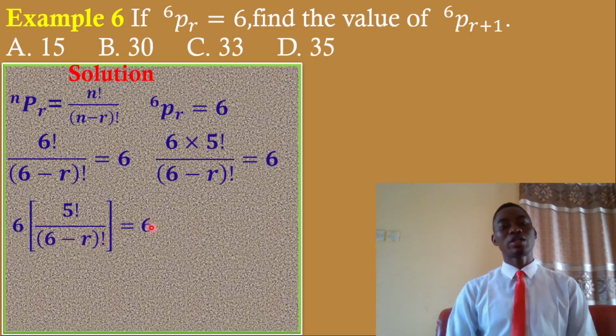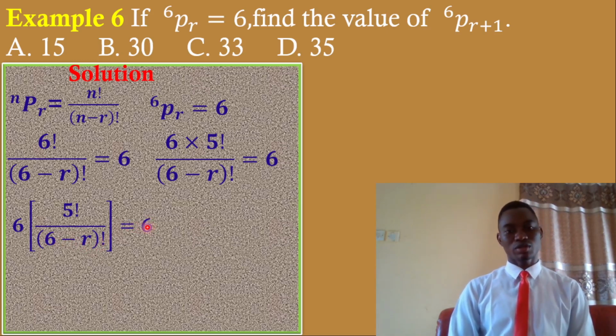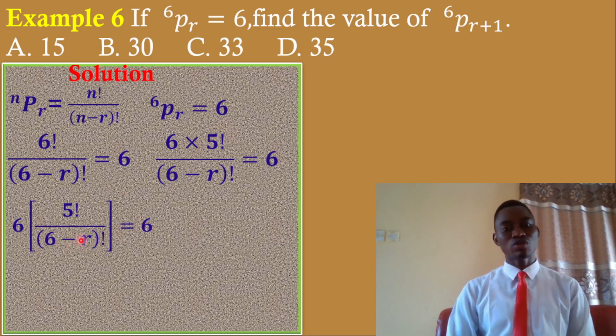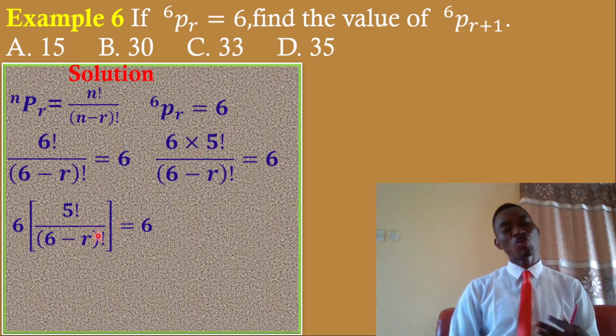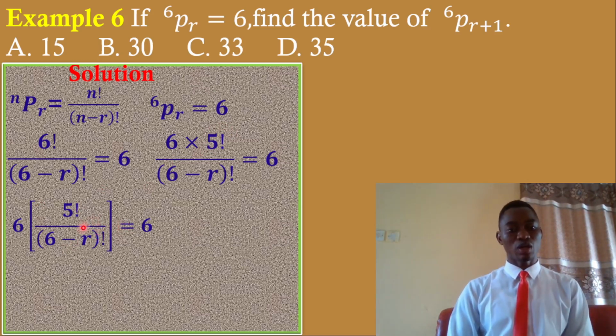Then we maintain our right hand side, which equals 6. Nothing has actually changed, but we are trying to express the equation in a more meaningful way. So at this point, we can divide both sides by 6.